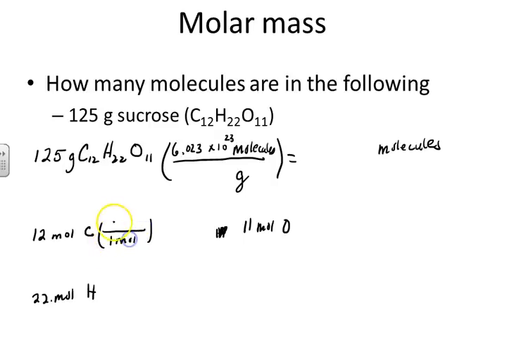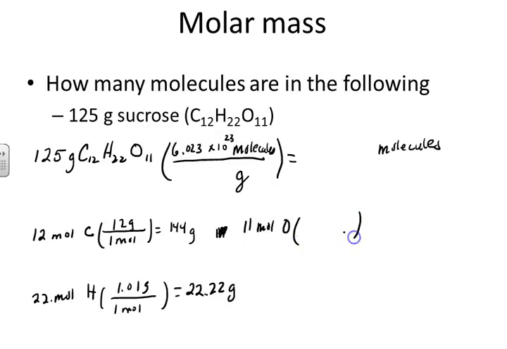Every 1 mole of carbon is 12 grams. That's 144 grams. Got 22 moles of hydrogen, and every 1 mole of hydrogen is 1.01 grams. That's 22.22 grams. And then 11 moles of oxygen, with every 1 mole of oxygen carrying 16 grams mass.